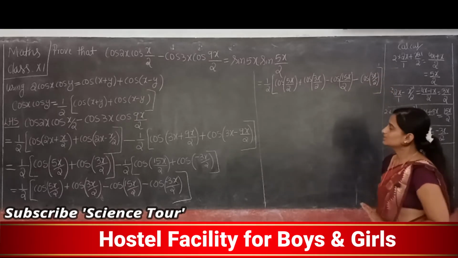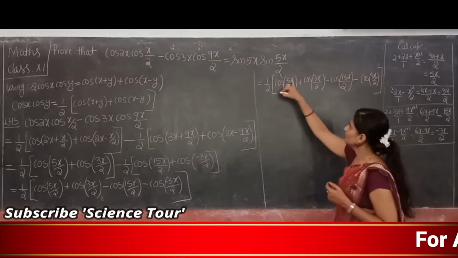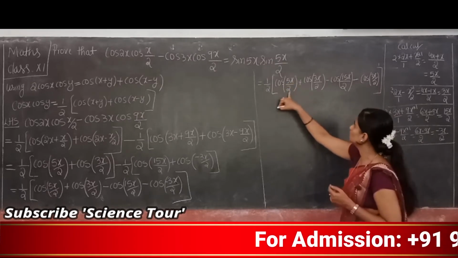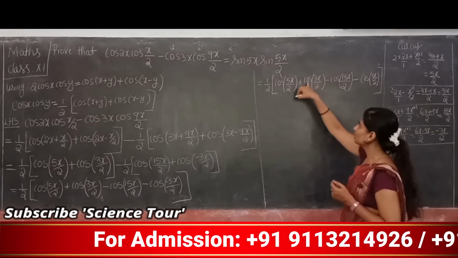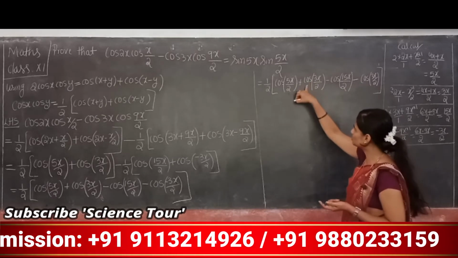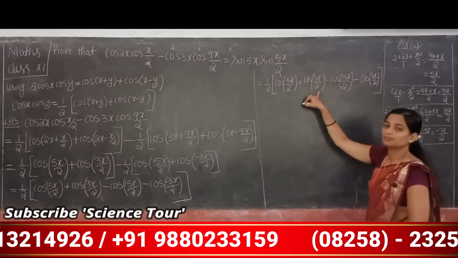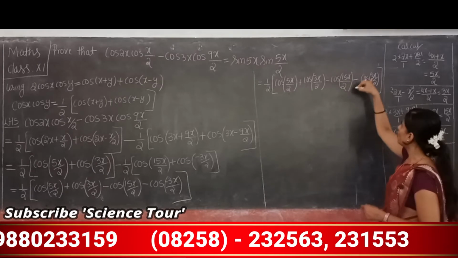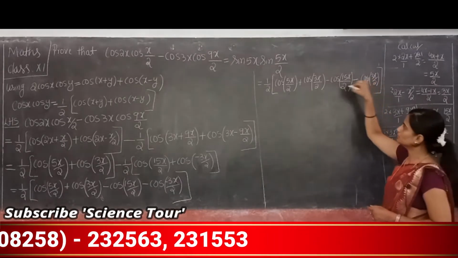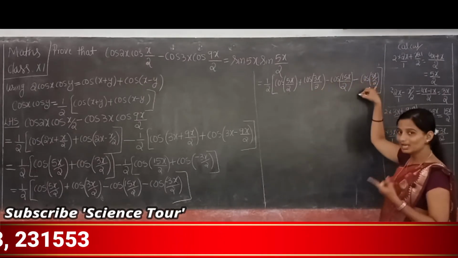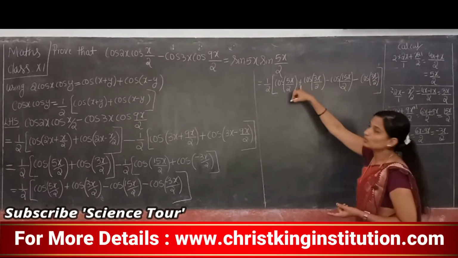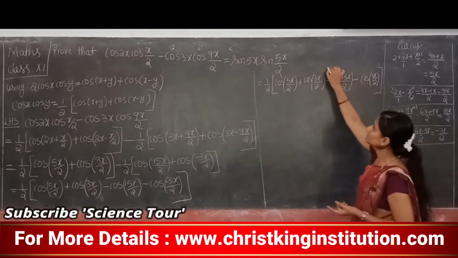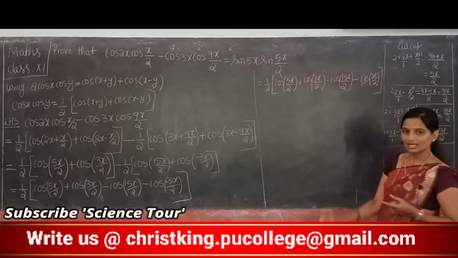Yes. So now see here, 5x divided by 2, 3x divided by 2 and cos 3x divided by 2. Here also cos 3x divided by 2. So these two are like terms, but one is positive, one is negative, so this and this get cancelled.